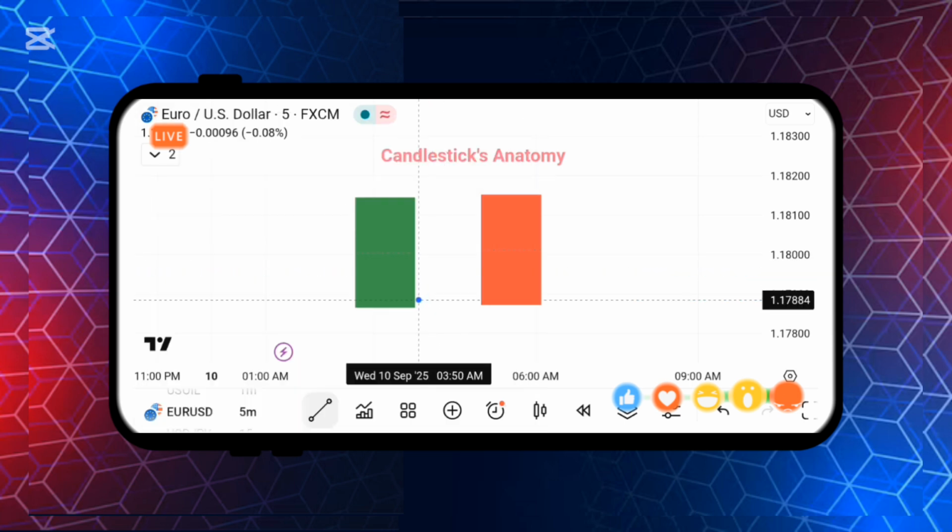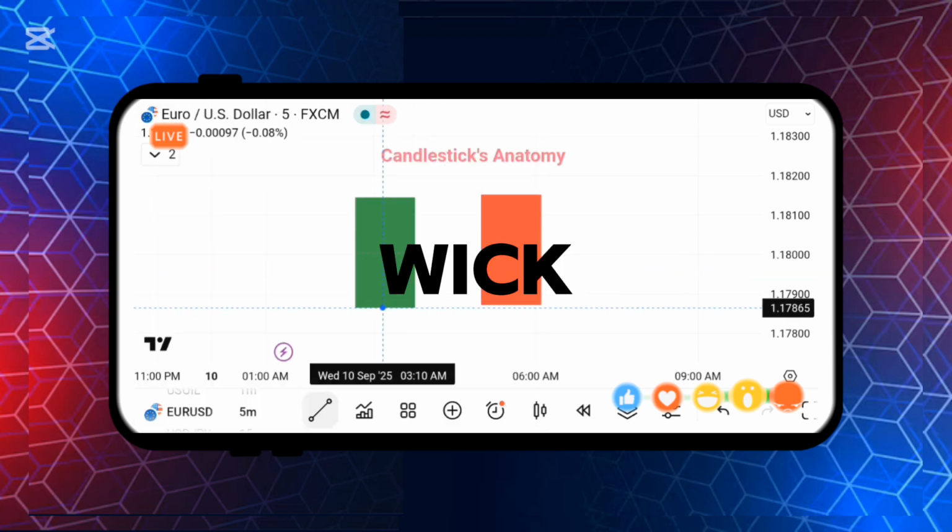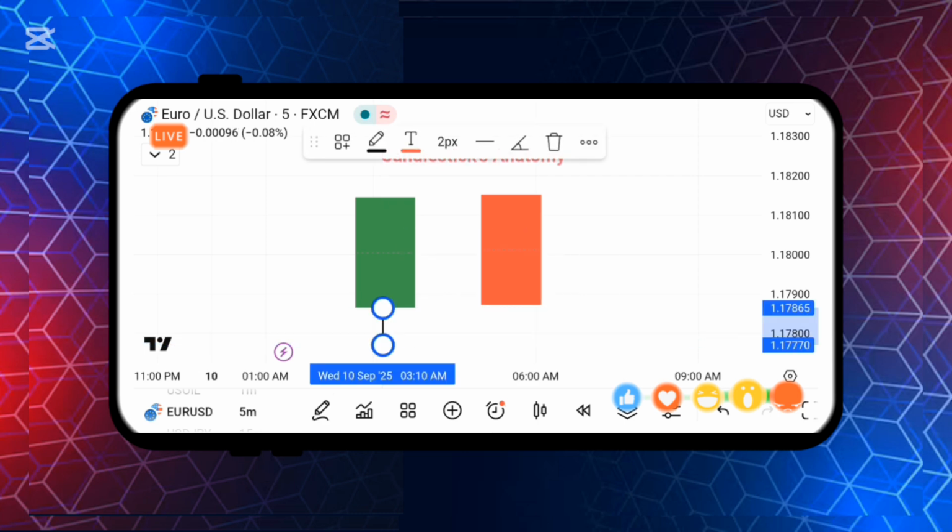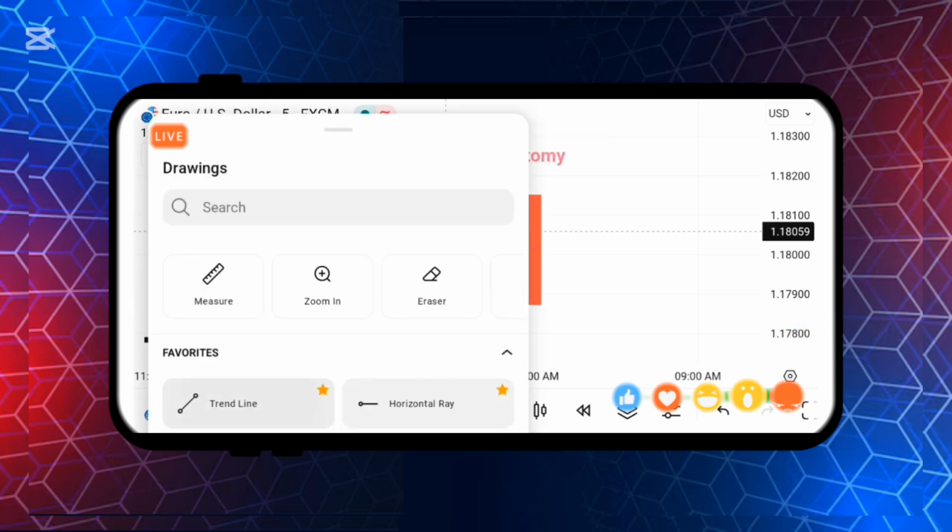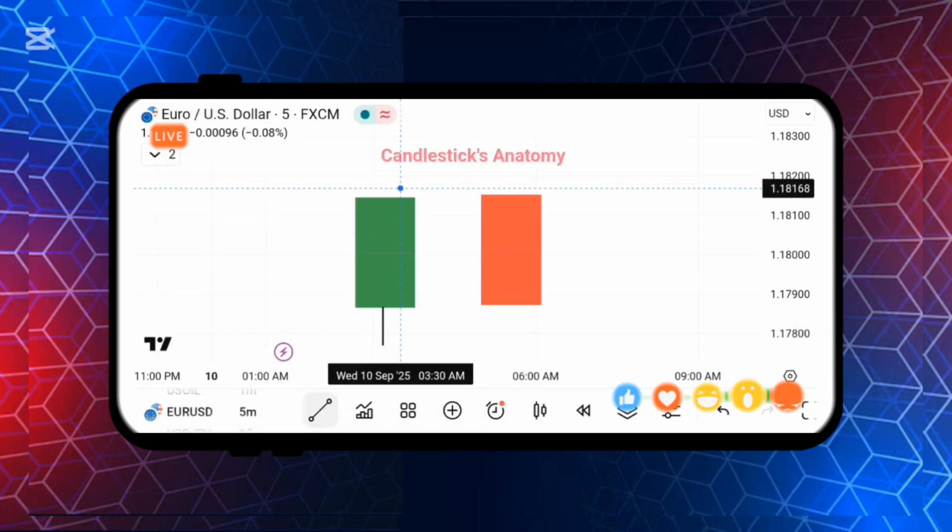Now we have what we call wick. Wick is simply where price went up to but was unable to close with the candle body. You understand? Price went up higher but was unable to close with the candle body at that particular point.